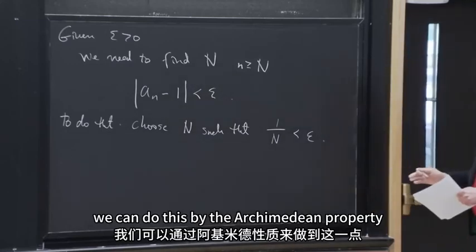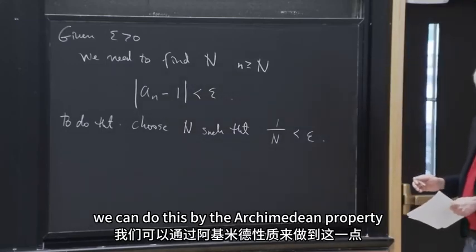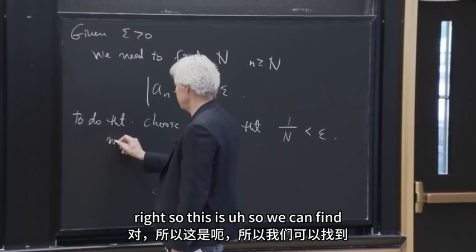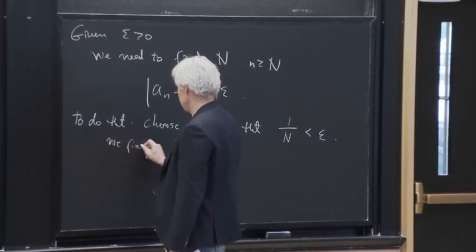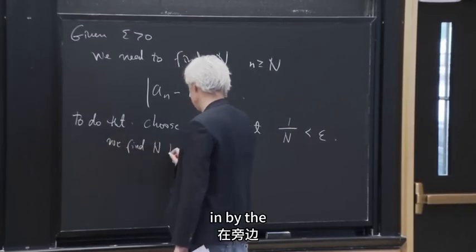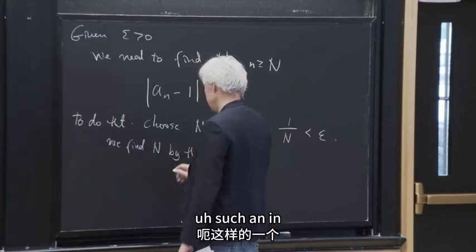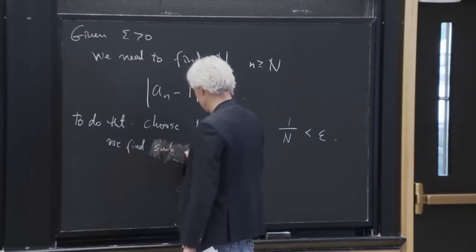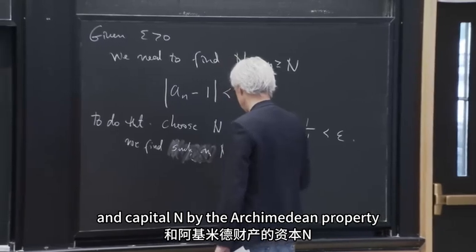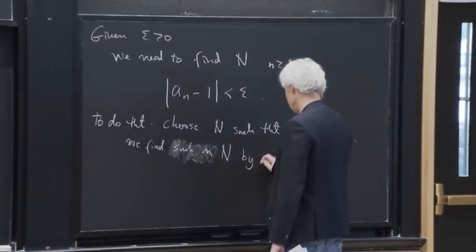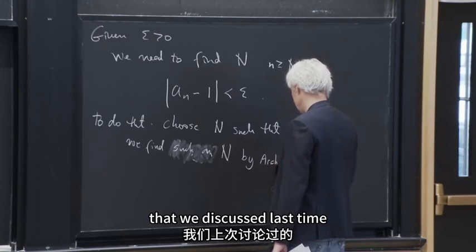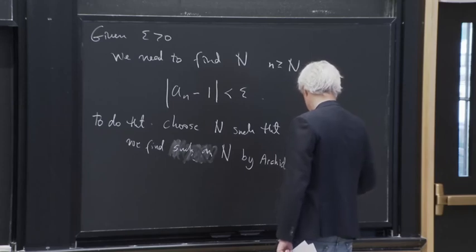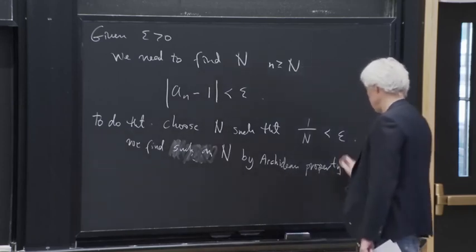We can do this by the Archimedean property, so we can find such an N by the Archimedean property that we discussed last time. Okay?